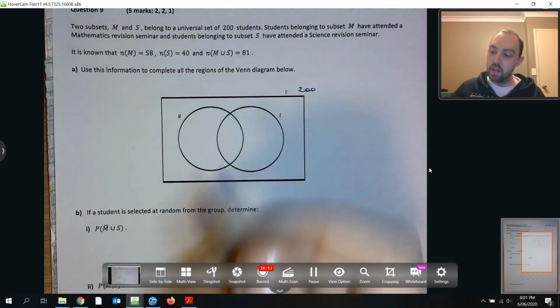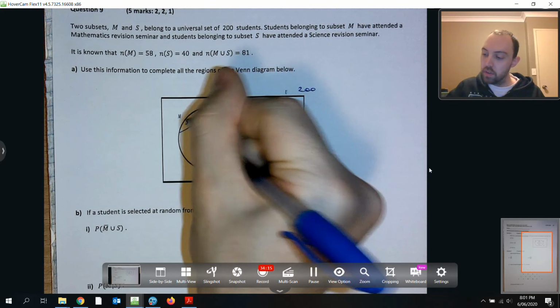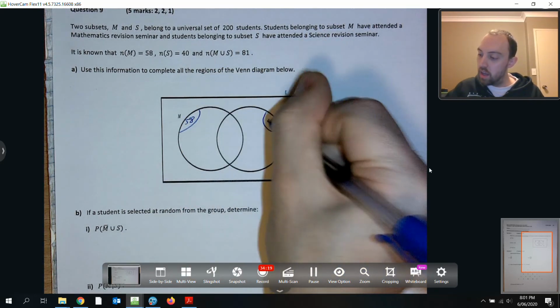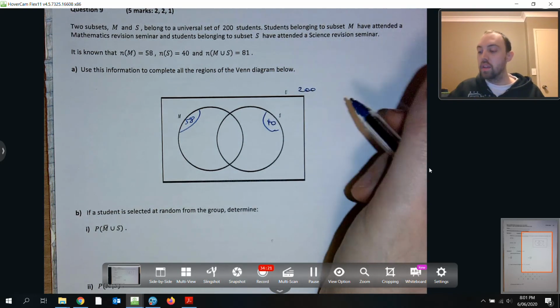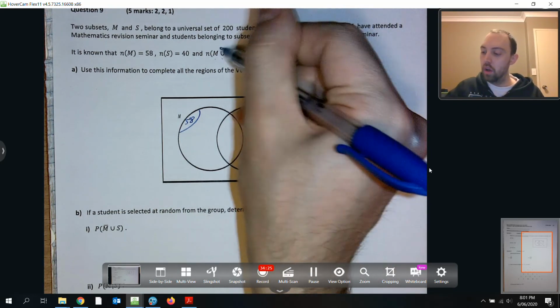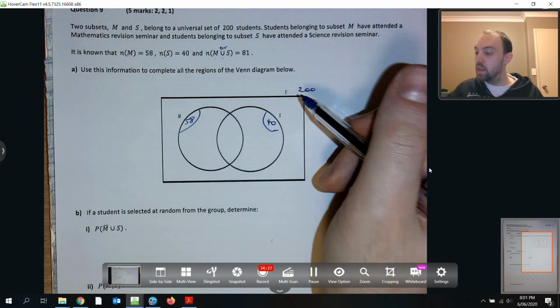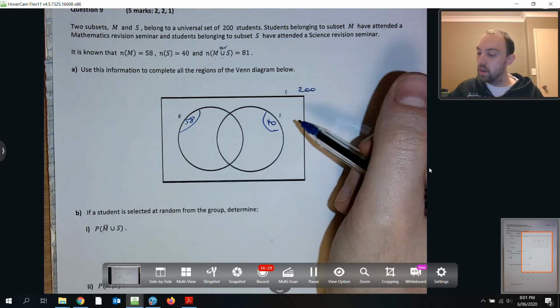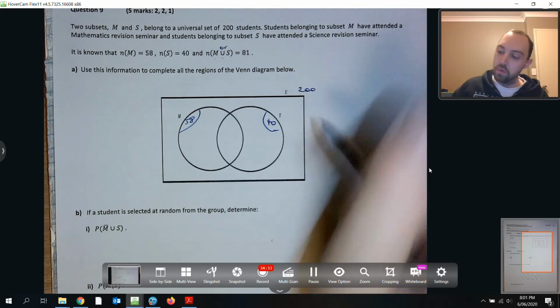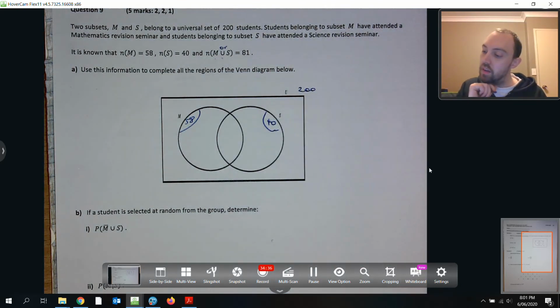It is known that the number in M is 58, the number in S is 40, and the number in M union S is 81. Use this information to complete all of the regions of the Venn diagram below.